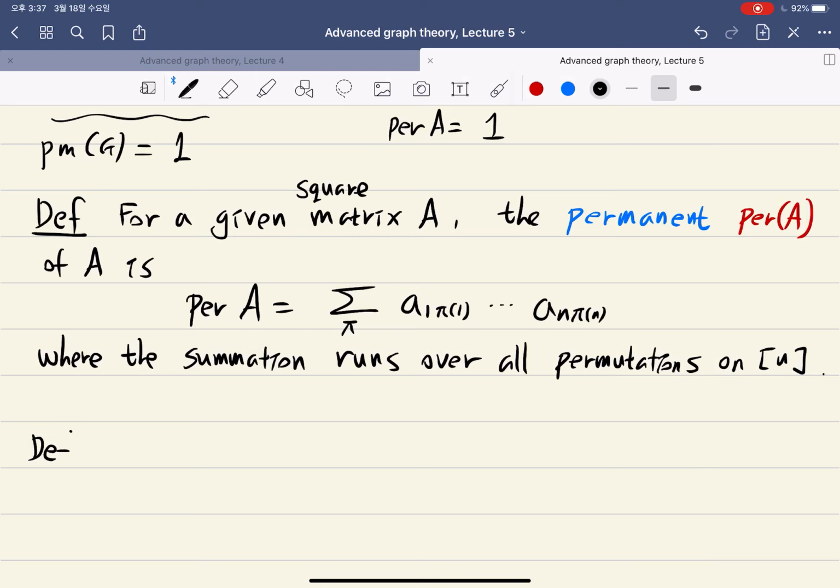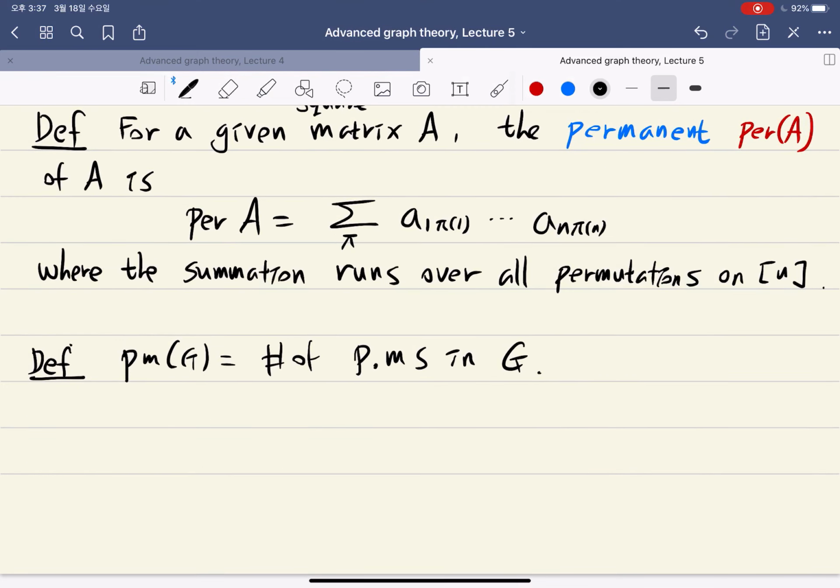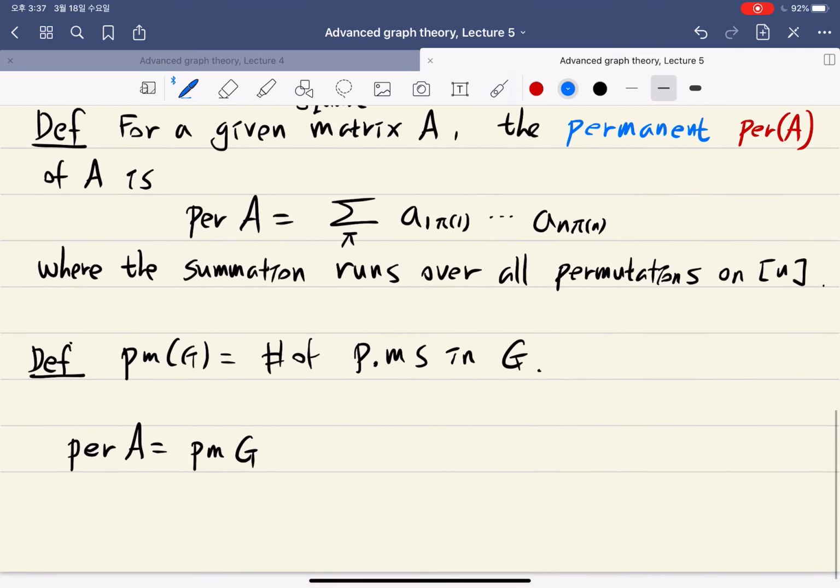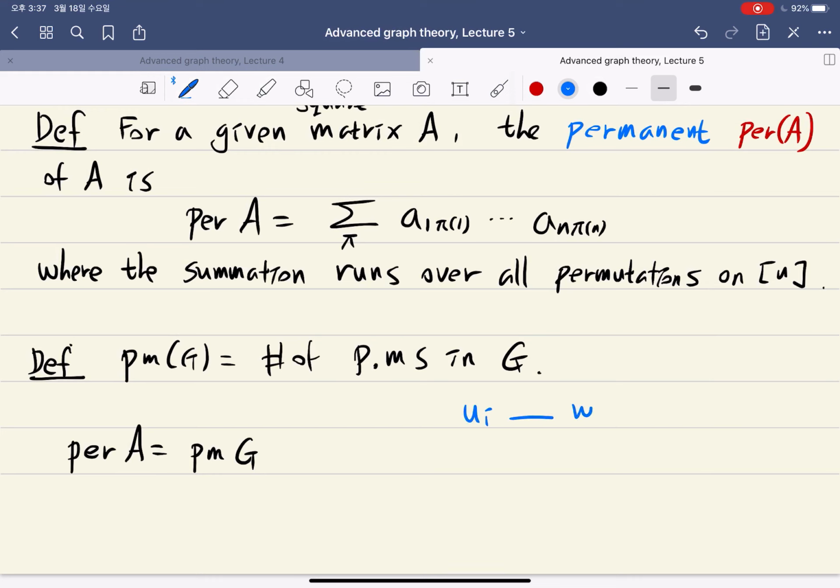So let's define PM(G) to be the number of perfect matchings in G. And it's easy to see that for this bi-adjacency matrix A, where G is a balanced bipartite graph, the permanent of A is the same as the number of perfect matchings in G. Because if we have a certain perfect matching here, then that pairs U_i with a certain W_j.